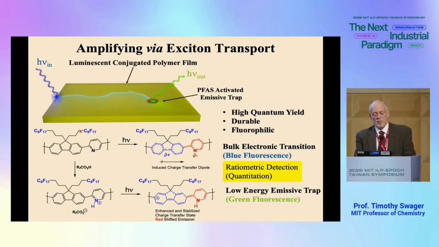And when it absorbs PFAS, what we do is we shift this charge transfer transition to the red, because now, when this is protonated here, this is a more stable, excited state. And so what we get is ordinarily a blue emission, but when PFAS is there, we get a green emission. So we excite this, the exciton migrates around. If it finds PFAS, it gives off a green photon.